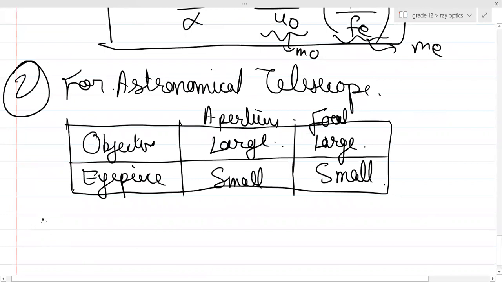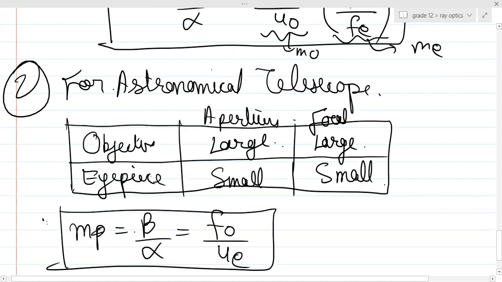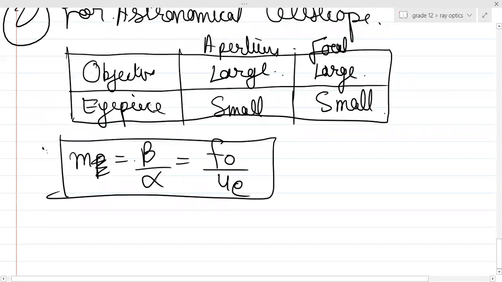Now again, the same thing. What will be the magnification power? The magnification power will be beta by alpha, and this will be equal to f naught upon u. That will be the formula for magnifying power or magnification.